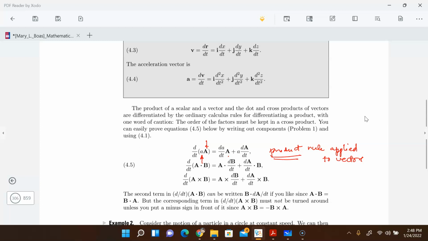intact. Similarly, for the case of the cross product, only in the case of the cross product, one thing has to be maintained: the order of A and B on both sides of the equation.